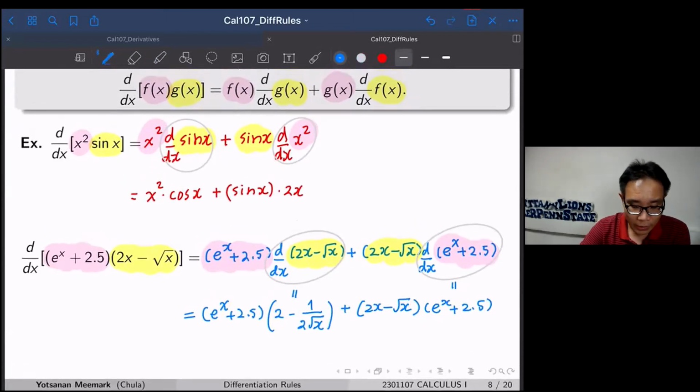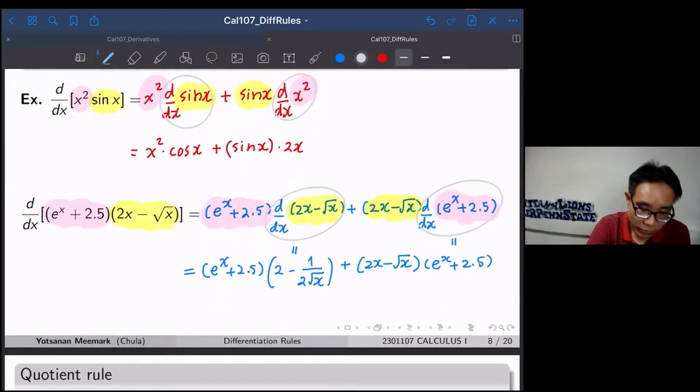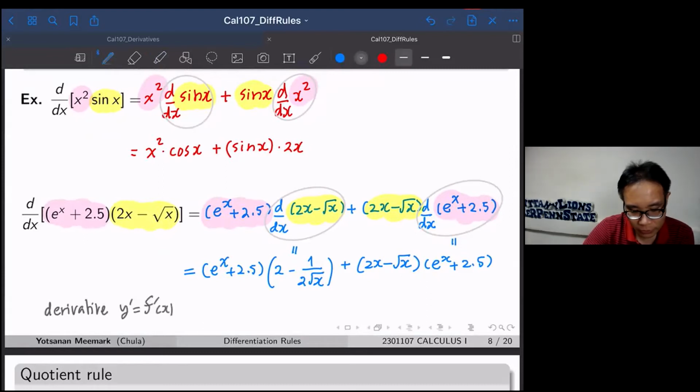By the way, let me teach you about two terminologies. The first one is derivative. Derivative is your y prime or your f prime of x, and this one is a noun.